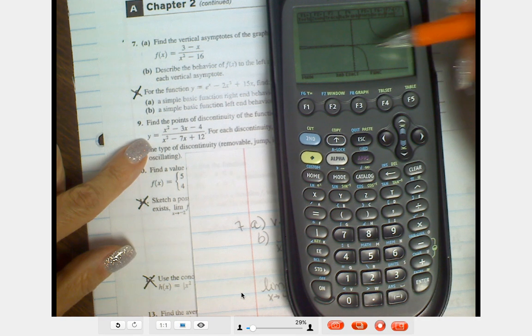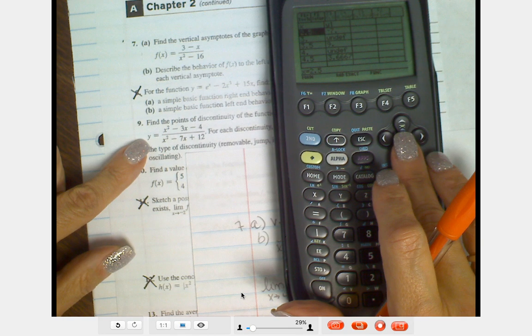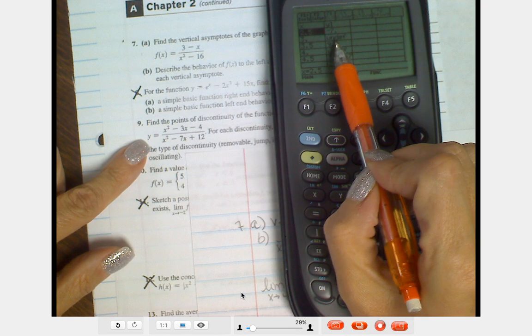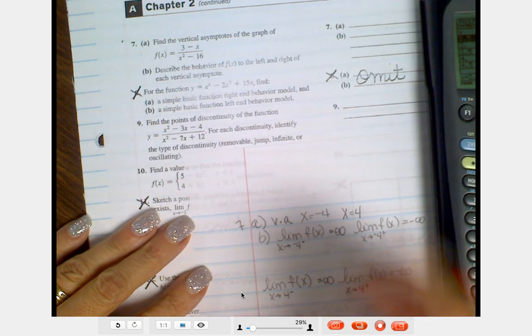Okay, so there definitely looks like there's a point of discontinuity right here, possibly at x equals 3. Let's go to our table and check that out. Here's another interesting thing. So yes, x equals 3 is a point of discontinuity.